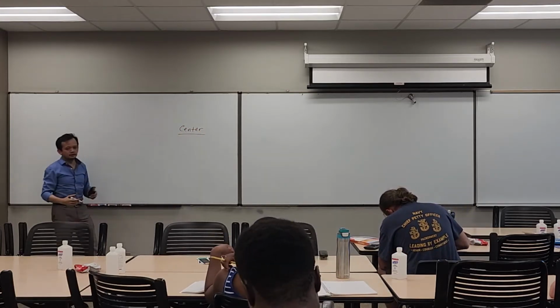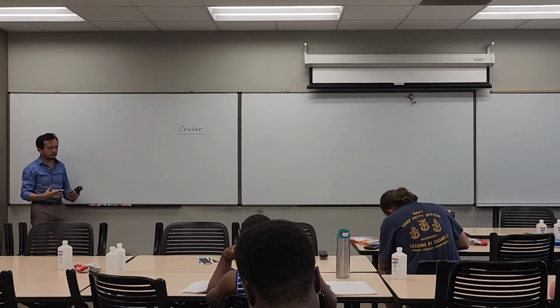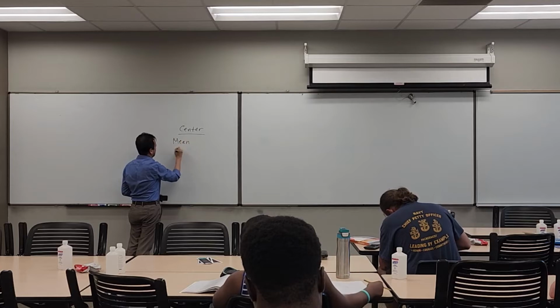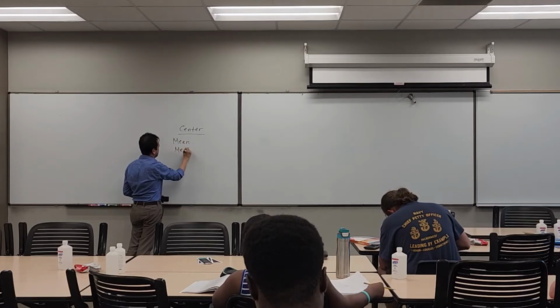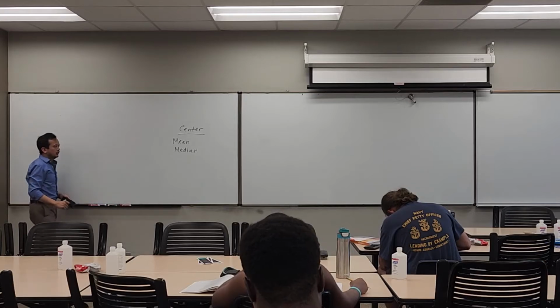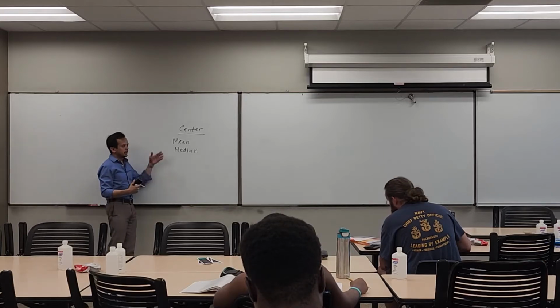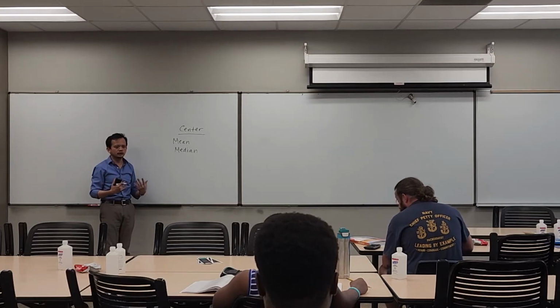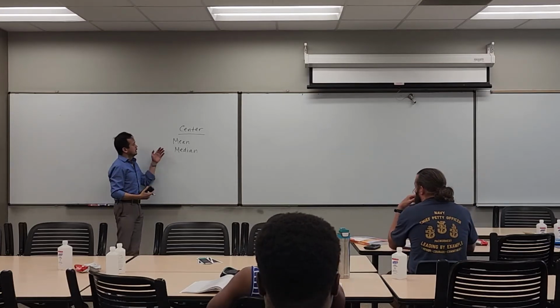And we talked about two different measures of center so far: the mean and the median. Both of these are designed to capture the center, to measure what the most typical number in your data set is.